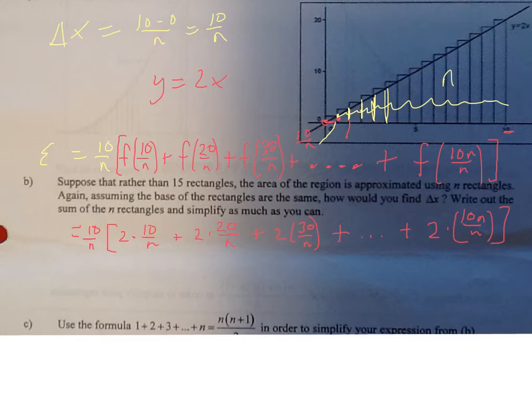If we're going to do some algebra here, each of these terms has a 2 in it, so I could factor that 2 out, and 2 times 10 over n would be 20 over n.